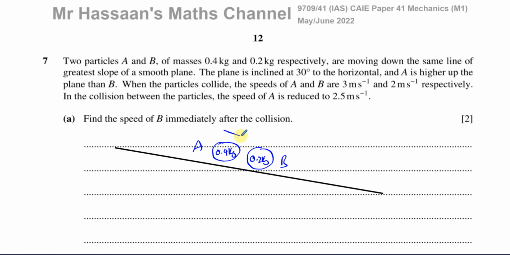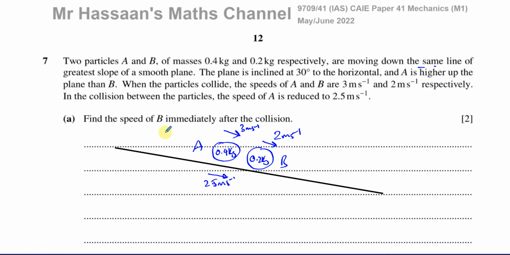A is moving at 3 meters per second in the same direction as B. They're both moving down the plane, as it says here. B is moving at 2 meters per second. And after the collision, A's speed is reduced to 2.5 meters per second.